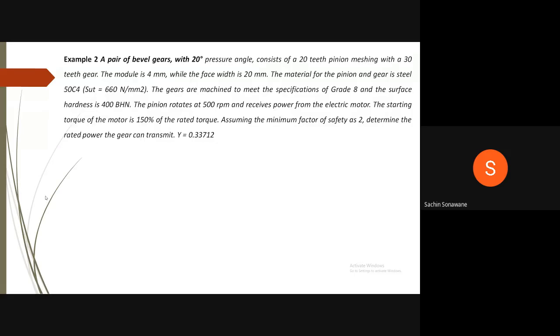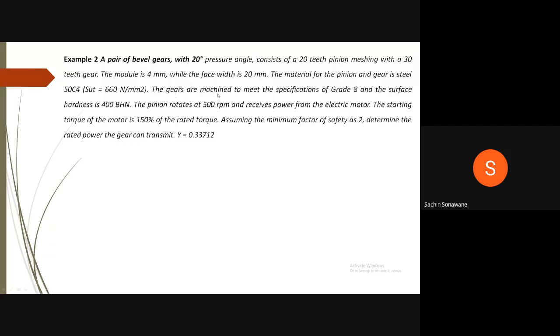Therefore, please write down the problem. Example 2. A pair of bevel gears with 20-degree pressure angle consists of a 20 teeth pinion meshing with a 30 teeth gear. The module is 4 mm while the face width is 20 mm. The material for the pinion and gear is steel 50 C4, SUT is equal to 660 Newton per mm square.